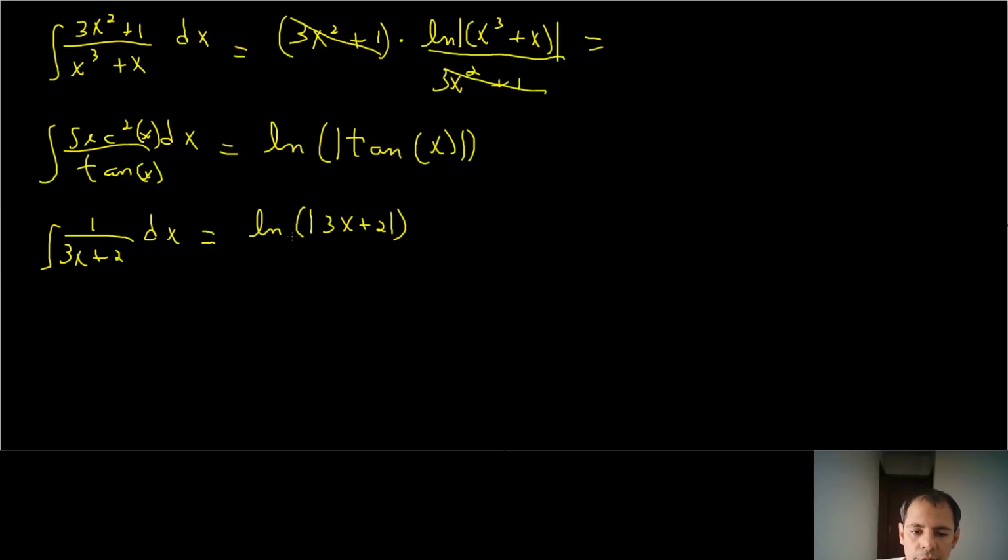What is the derivative of this? It's 3. So divided by 3, okay? Since it's not a 3x, you don't have to have an x here to simplify. When the derivative is just a constant with respect to the variable of integration, you can just divide by that constant, and it's fine. It's like this.